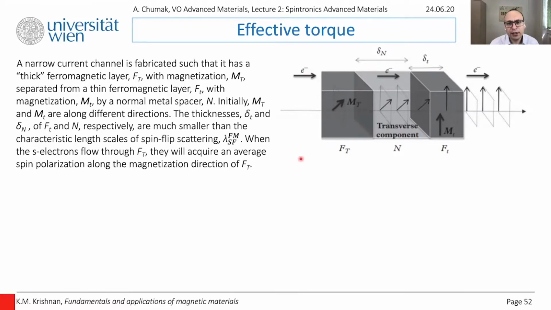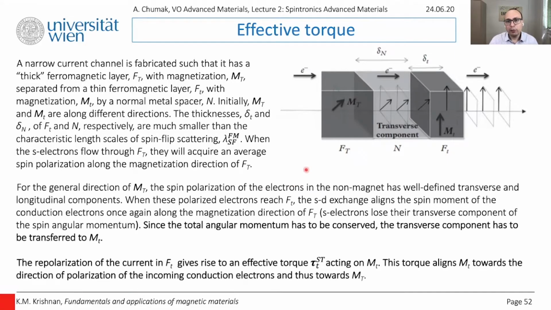And as we discussed, principally we want to have all these three thicknesses smaller than the spin diffusion length, as we discussed in the previous lecture. Okay, and what actually happens when we inject the spin polarized current, which propagates through our spacer and enters the thin ferromagnetic layer?